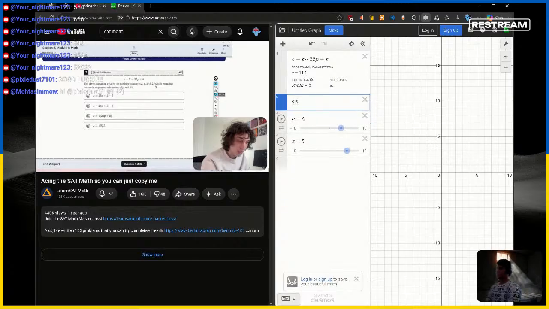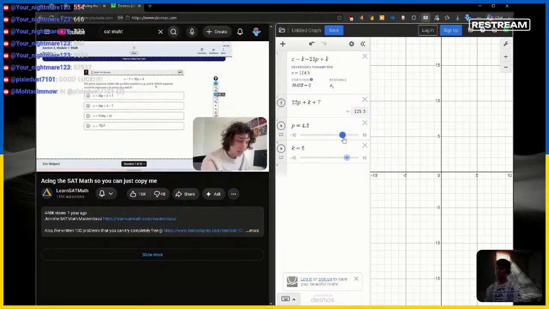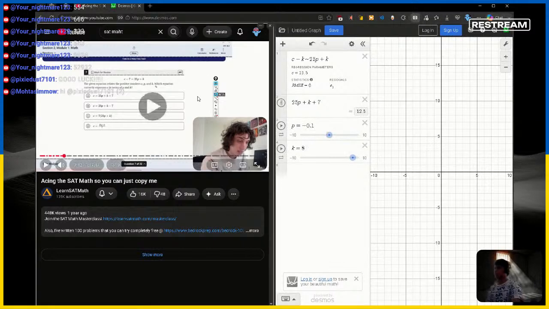Ooh, 25p plus k plus 7. It's almost the same thing, but with one number difference. Is that always one number difference? Yeah, it's one number difference.